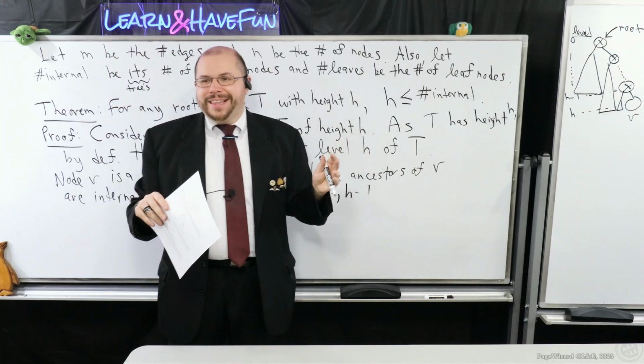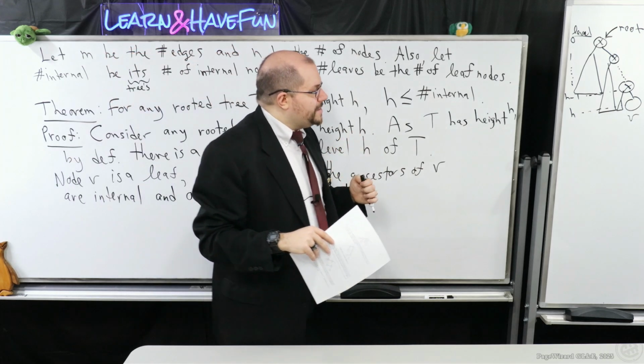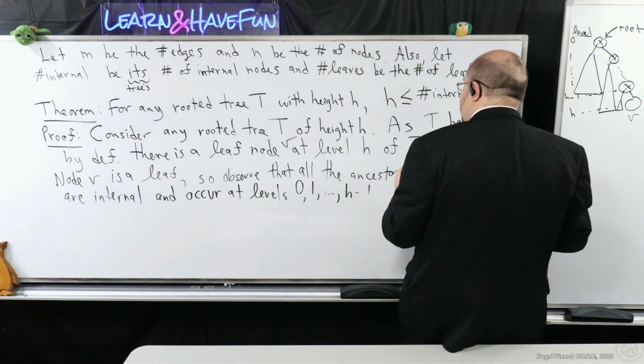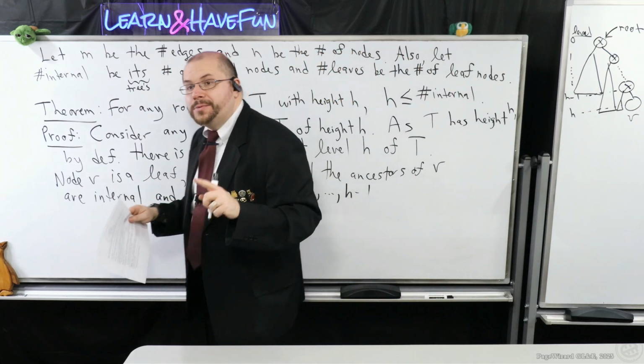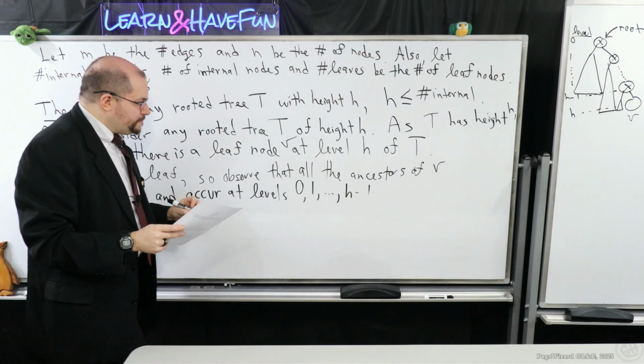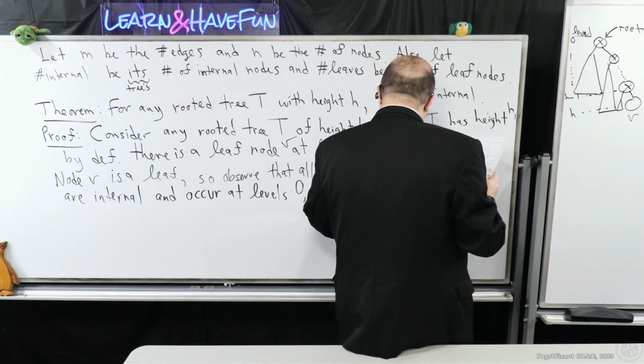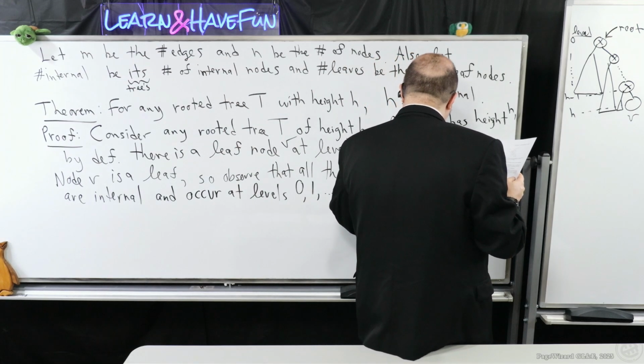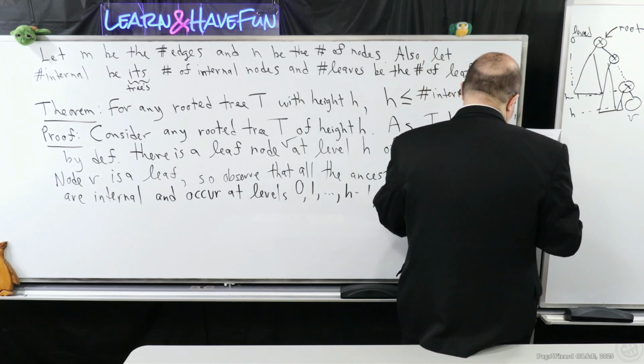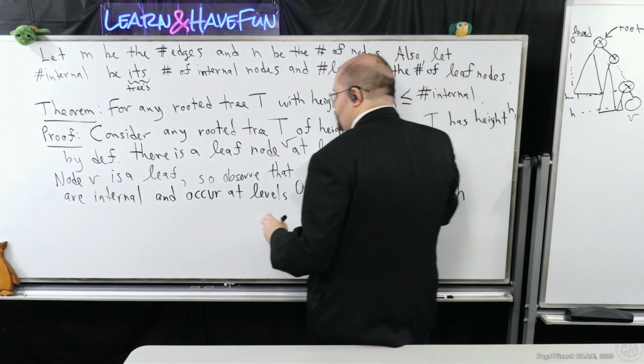It's kind of confusing language, but keep in mind that level 0 is a level. So it's one higher than h minus 1, making it h. Totaling to h internal nodes.